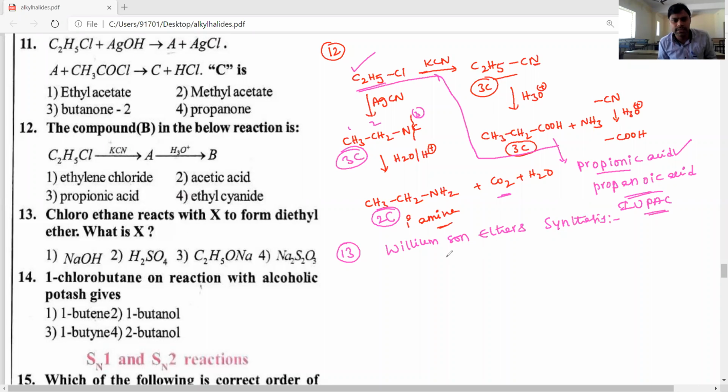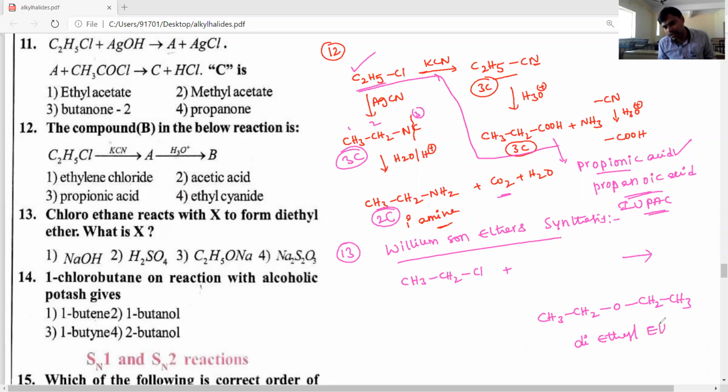What is Williamson ether synthesis, dear students? This is nothing but a nucleophilic substitution reaction only. Alkyl chlorides or alkyl bromides, CH3 bond CH2 bond Cl, react with some reactant. The product is CH3CH2OCH2CH3, diethyl ether.